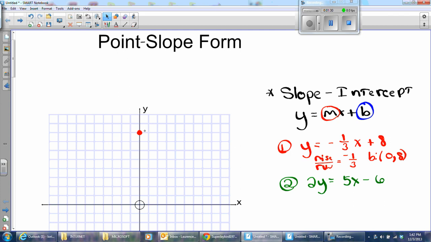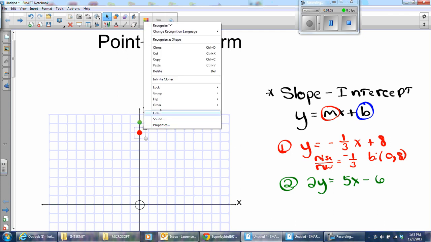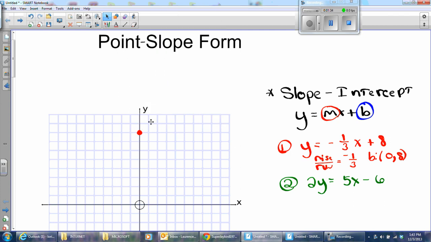So I'm going to move from the y-intercept. I'm going to move down 1 and right 1, 2, 3. There's the second point. Now, had I made the denominator negative, I would have gone up 1 and back 1, 2, 3, and that's a good way to graph.